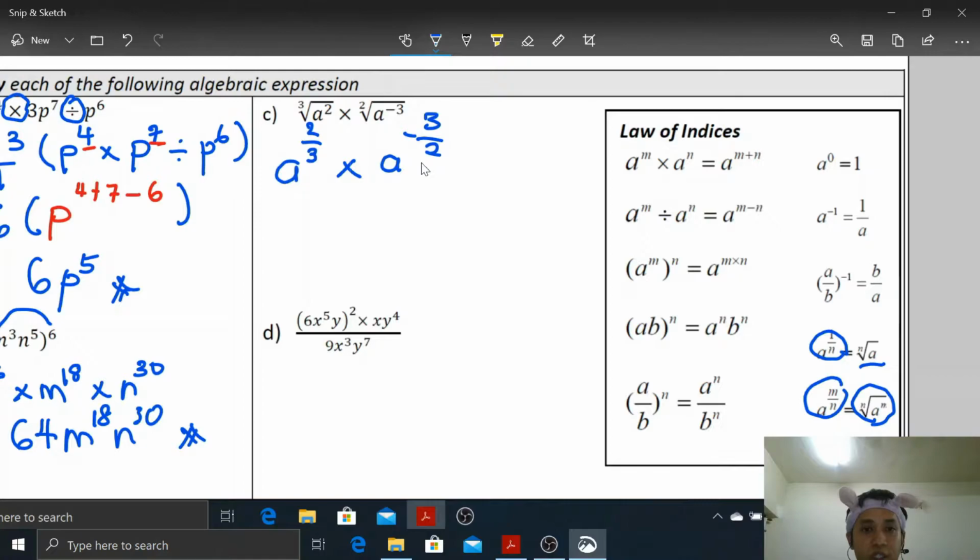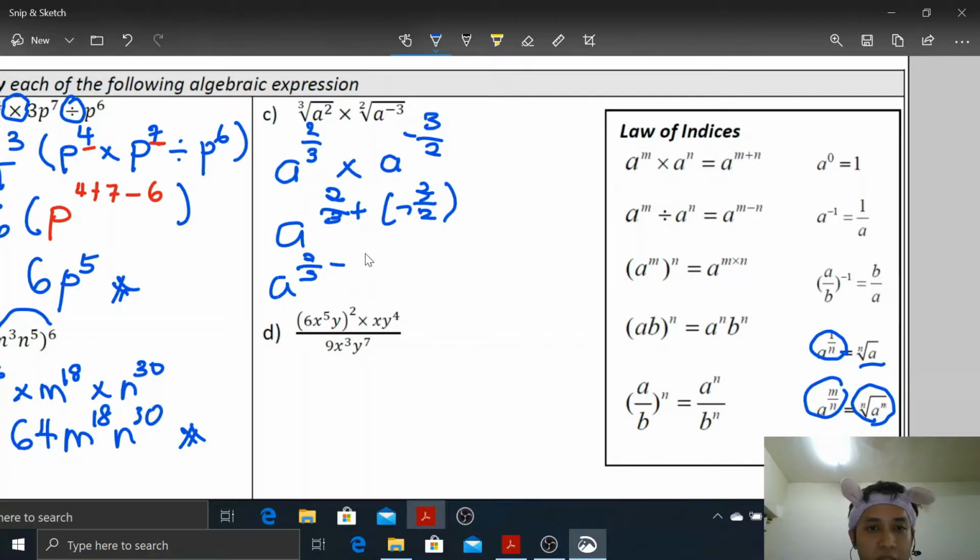Once we change it into the index form, then we can use this to calculate. You see, same variable, so multiply, on top you add. So it will become 2 over 3 plus, oh my god, my writing is so bad. So it will become 2 over 3 minus 3 over 2.